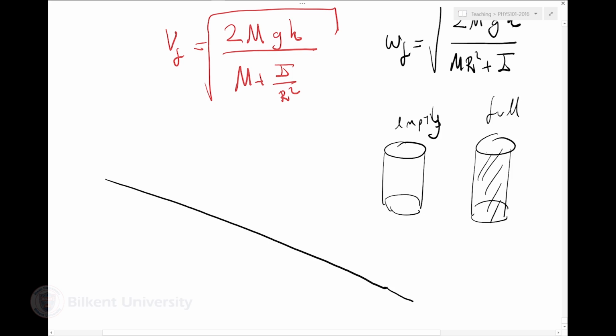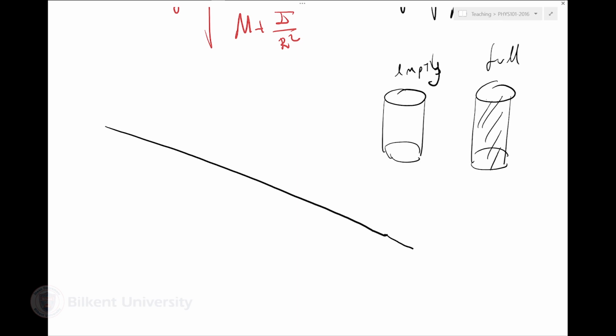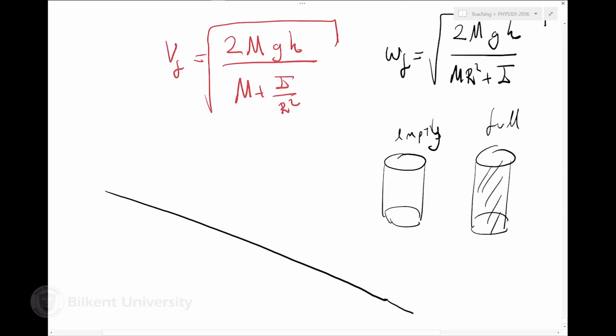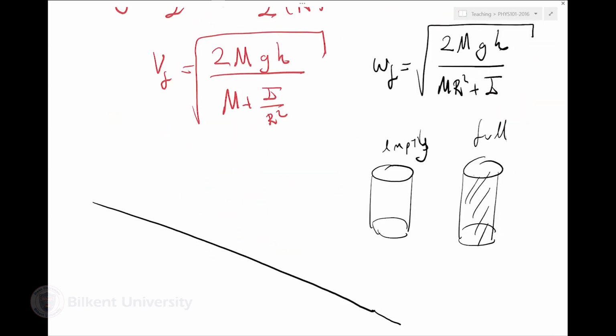If they are with the same mass, the second one has a bigger amount of mass. As you see in my formulas here, I'm not interested in the total mass. I'm more interested in I over R squared. Which one is larger? The full one has more I over R squared because I actually added more mass to it, right?